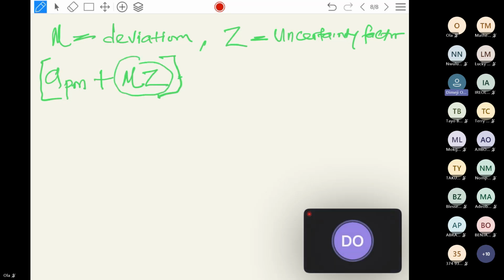Now, for example, for the example that we had, we said mu is 0.01 and Z is, sorry, minus 1 is less or equal to Z, less or equal to 1.